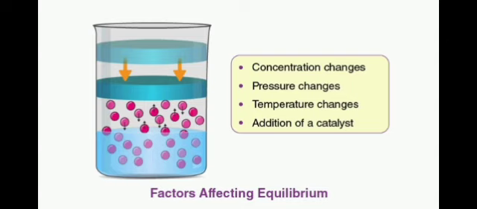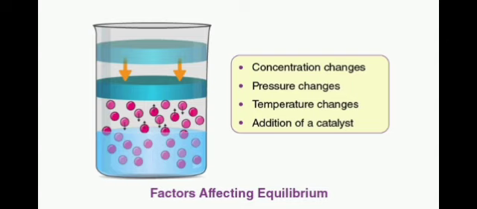The same thing as removing the products. If you keep removing the products, you keep reducing the product side, and that makes the reactant side more. So reducing the products will also make the equilibrium shift to favor that product side, because the concentration of the product becomes less as you keep removing.